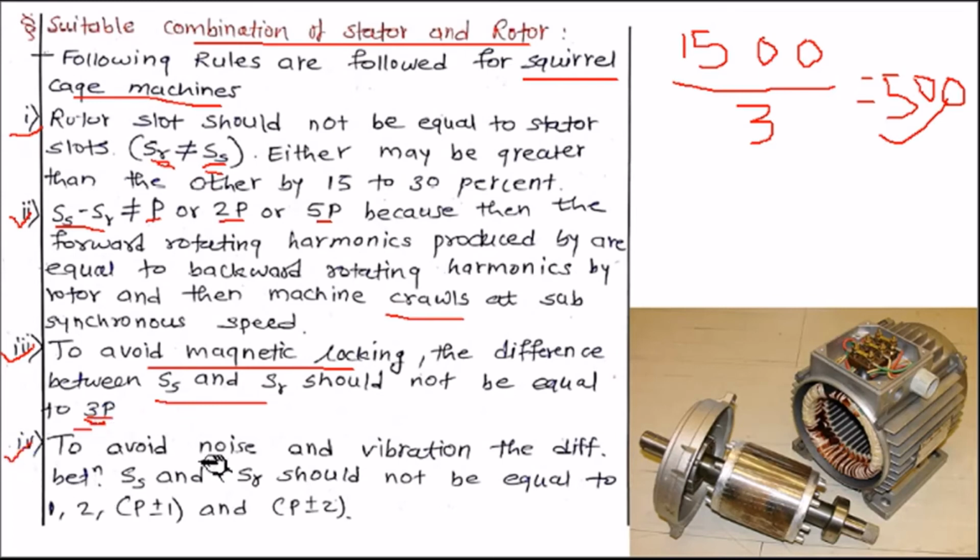After that, the last rule: to avoid noise and vibration, the difference between SS and SR should not be equal to 1, 2, P plus or minus 1 and P plus or minus 2. You have to remember all these rules. So in short, SS minus SR should not be equal to 0, P, 2P, 5P, 3P, and then 1, 2, P plus or minus 1 and P plus or minus 2.